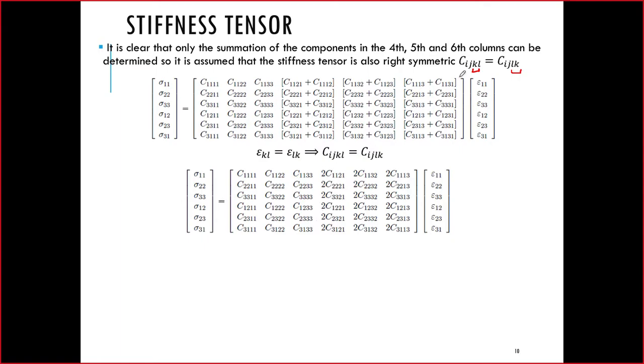Now as before, because it's just these two, this time it's the right two terms that are being manipulated, this is referred to as the right symmetry. And again, because it's only the indices of one of the terms, this time the strain terms, this is again the minor symmetry of the stiffness tensor.